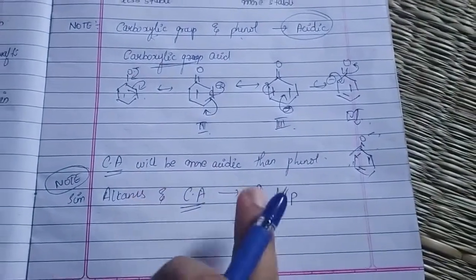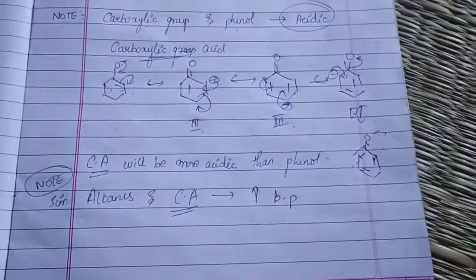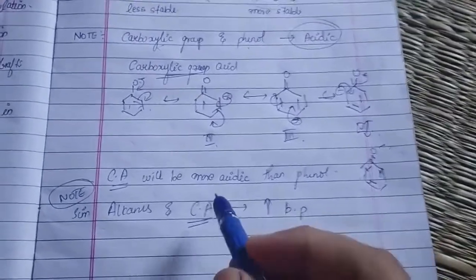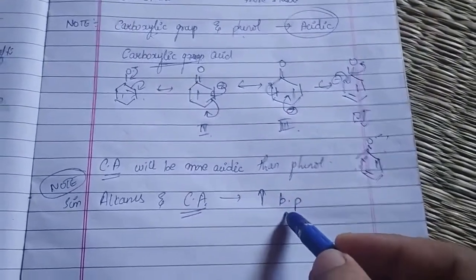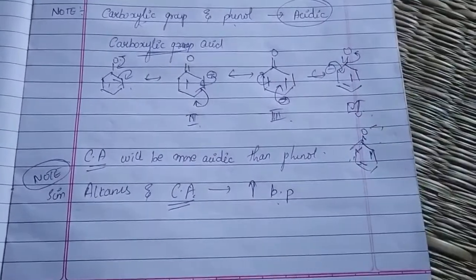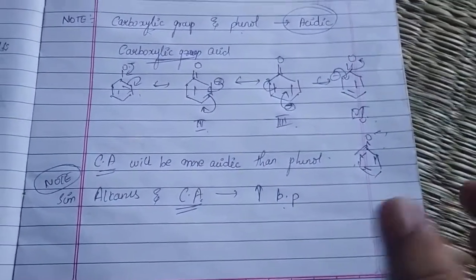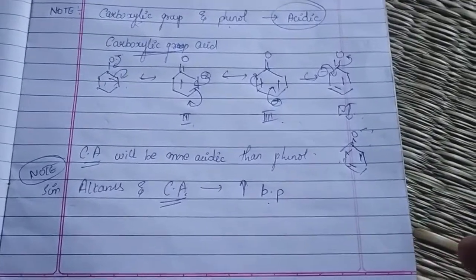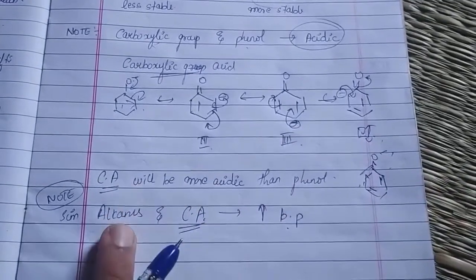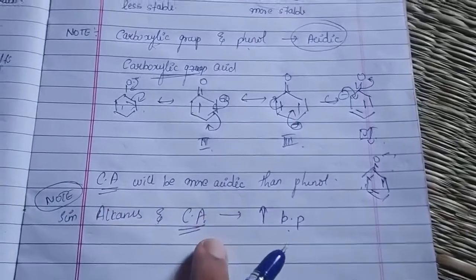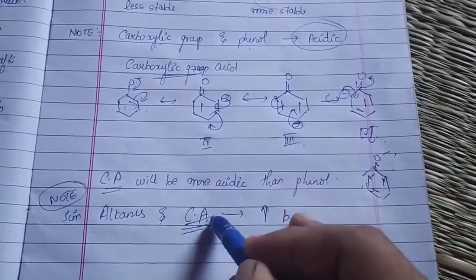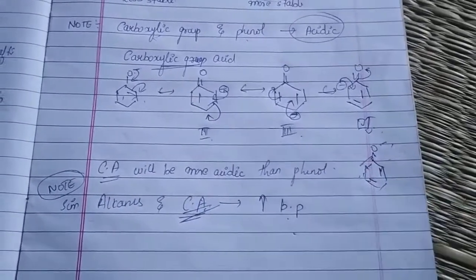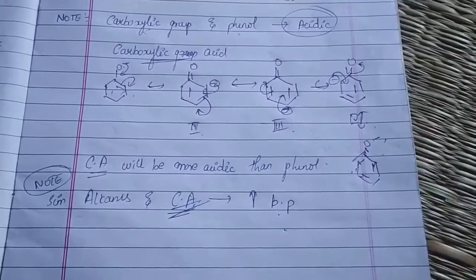Compared to the alkanes and the carboxylic acids of similar molecular masses, your carboxylic acids will be having the higher boiling point because they can easily form hydrogen bonds. They are having many more hydrogen bonds within them. So in order to break that bond, we require an enormous amount of energy. So therefore, compared to your hydrocarbons, your carboxylic acids will be having the higher boiling point. Is that clear?